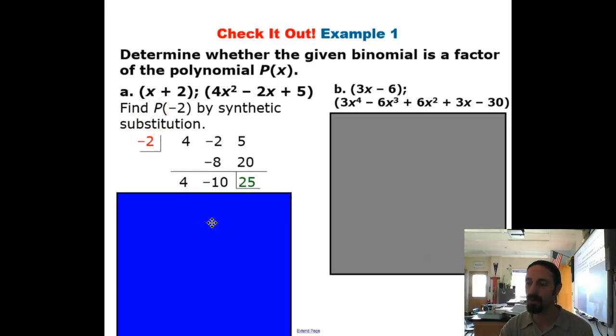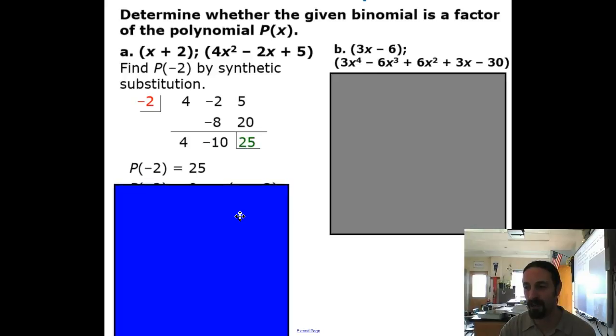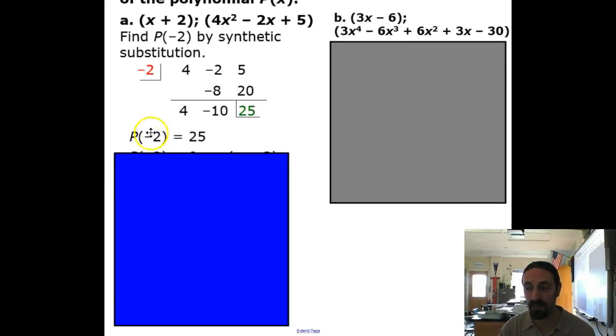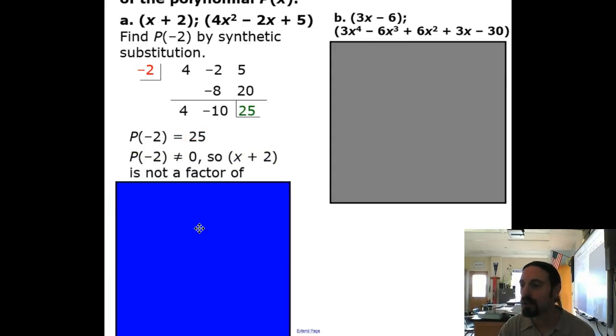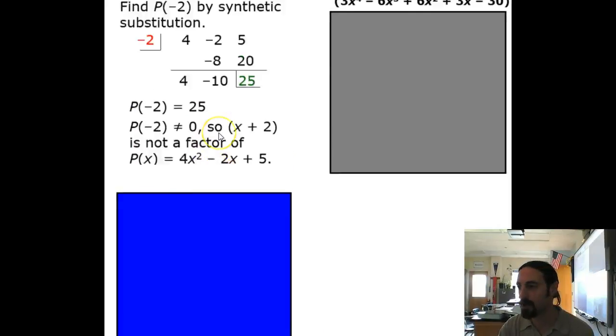So then you performed your synthetic substitution, and you realized, wait a minute, you ended up with a remainder of 25. So when you plug in a negative 2, you get a 25 out. 25 is not 0, so then therefore you would say, nope, x plus 2 is not a factor of this polynomial.